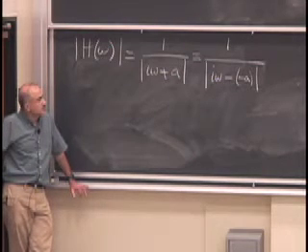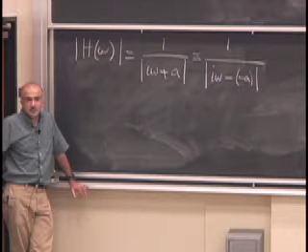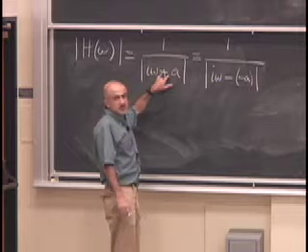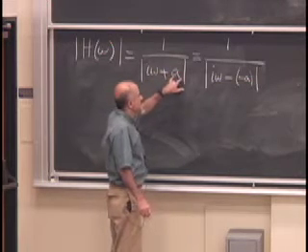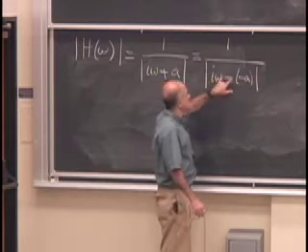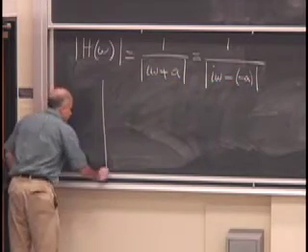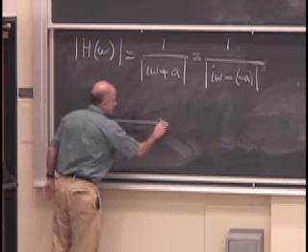And just as I pulled some shenanigans when I was dealing with discrete time filters, I'm going to write the obvious and low entropy form, i omega plus A, into the higher entropy form, i omega minus A.